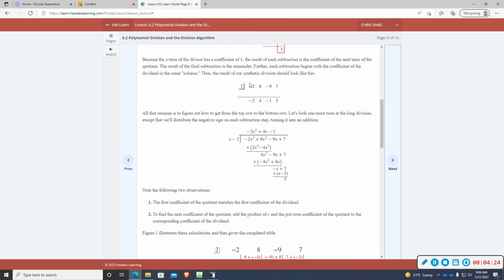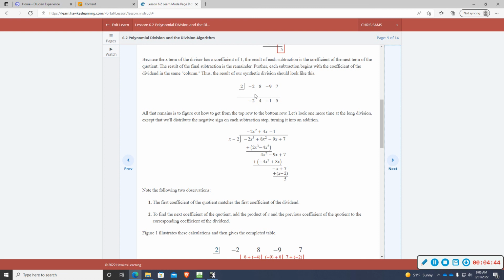And that process is you bring the first number straight down. You will multiply this 2, whatever's in the box, by that first number. You write your result above the line, and then you would subtract. So if you do 2 times -2, you would get a -4. You would subtract those and get a 4.